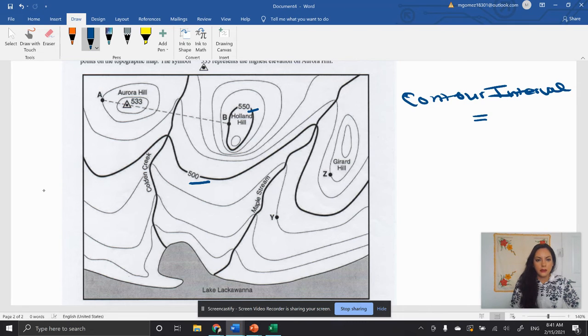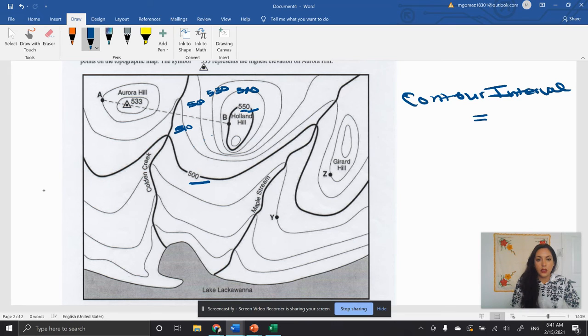So let's try tens. 500, 510, 520, 530, 540, 550. That sounds about right. So over here, 510, 520, 530, 540, and 550.